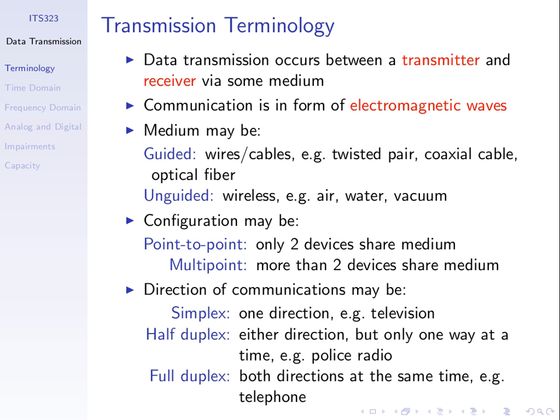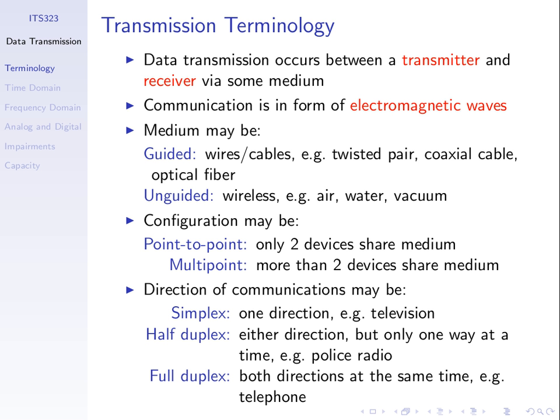In data transmission, we transmit data from one computer or one device to another via some medium. Those devices are called the transmitter, or in brief, TX, and the receiver, RX. It's just abbreviation for TX, transmitter, RX, receiver.